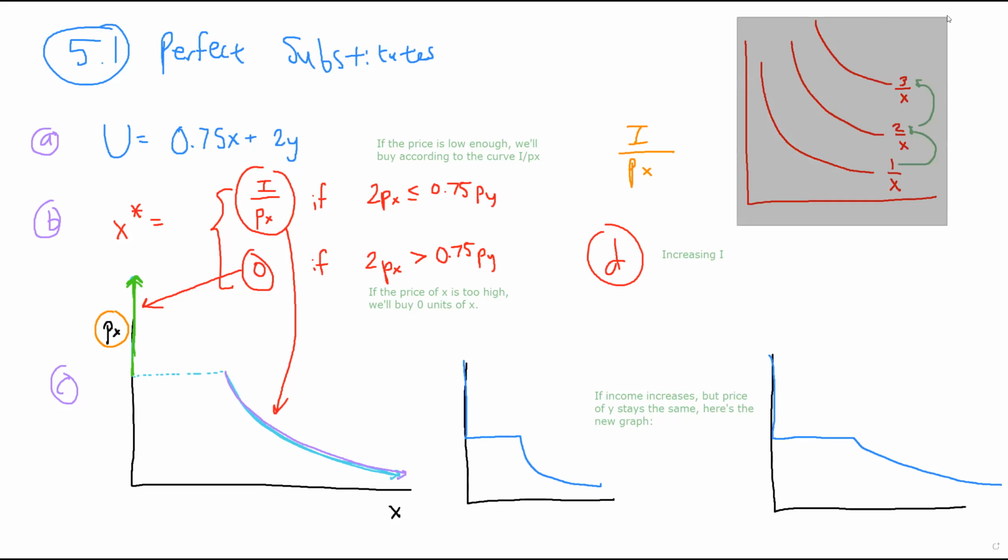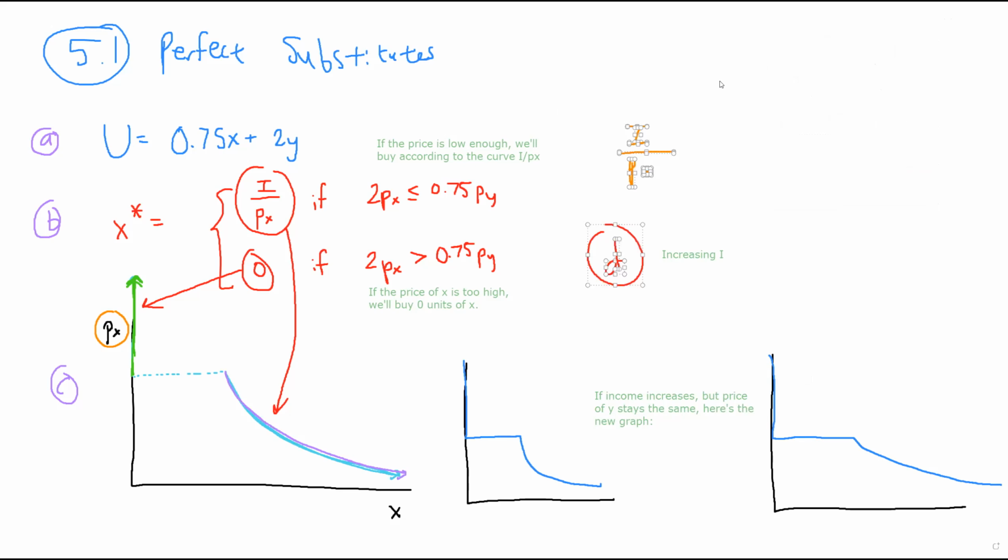So conversely, what would happen if price of Y increases, but income stays the same? Here's how the new graph looks. And this guy would look like this.